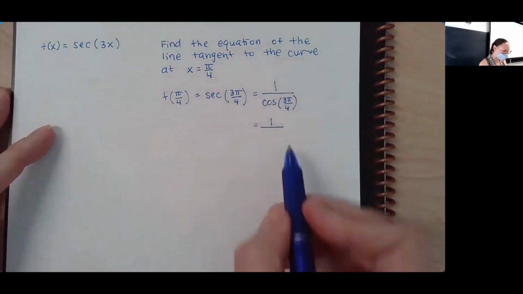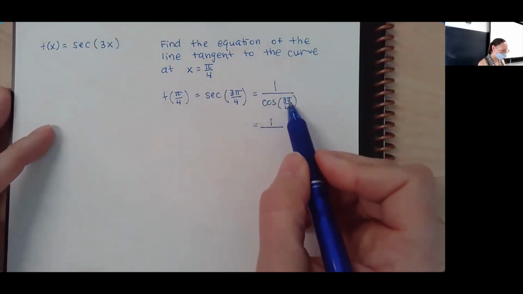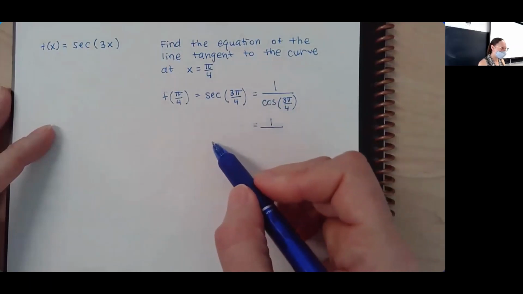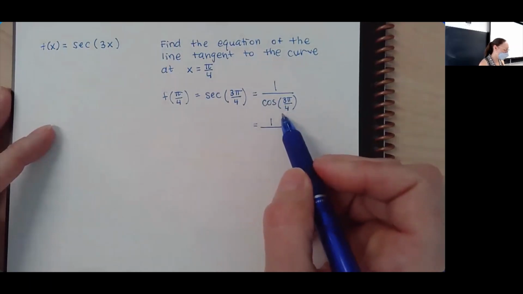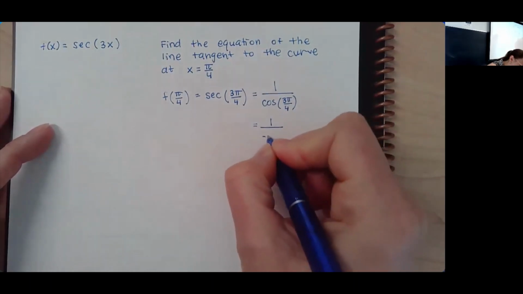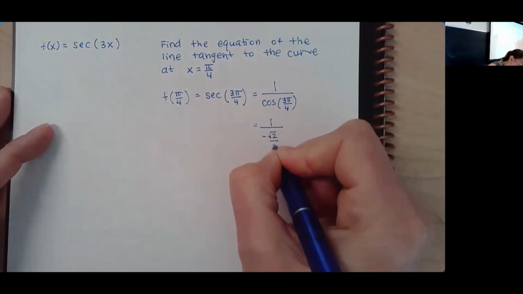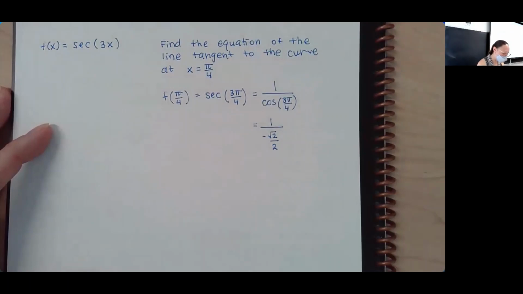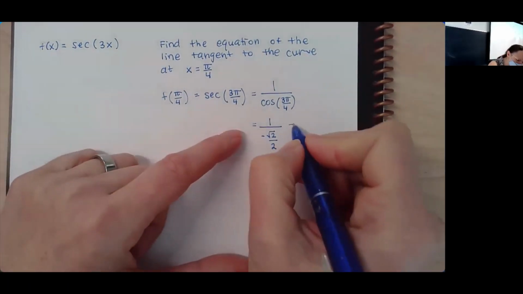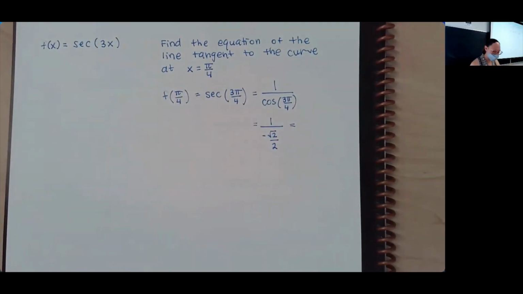You got it. Now, since we're looking at cosine of 3 pi over 4, I know that 3 pi over 4 is in the second quadrant. So cosine is going to be negative. So I'm going to have negative square root of 2 over 2. Dividing by a fraction is the same as flipping and multiplying.